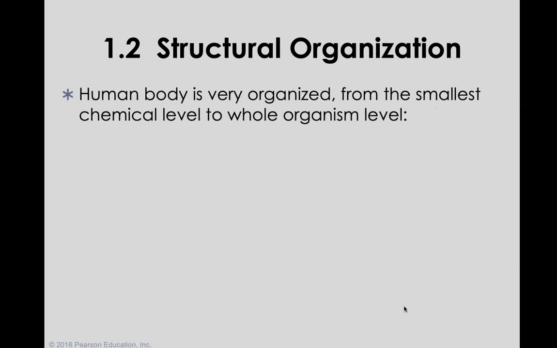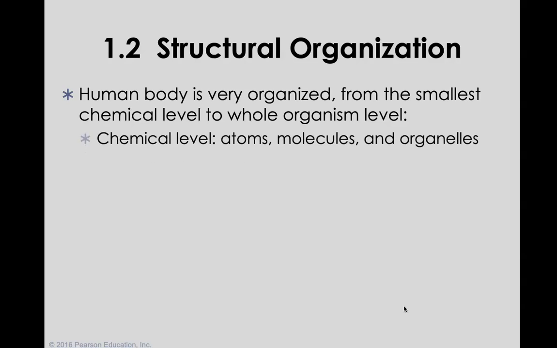Okay, so let's get on into some of the nitty-gritties and talk about structural organization. The human body is, of course, very well organized, from the smallest chemical level of organization all the way up to the whole organism. So we're going to talk about things at the chemical level, which is your atoms coming together to form molecules, like molecules of water.